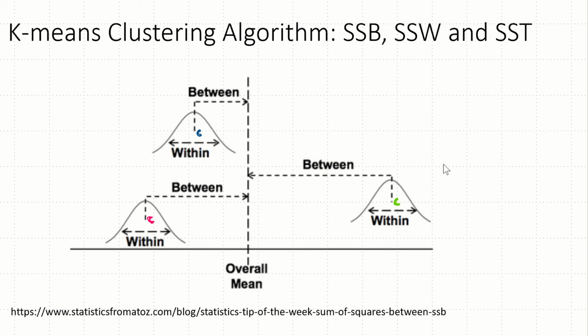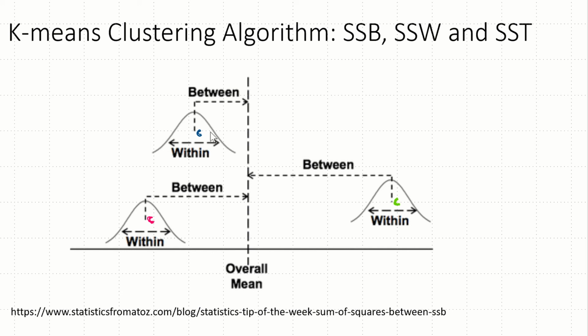This figure illustrates SSW and SSB conceptually. Assume we have three clusters shown by three bell-shaped curves. Each cluster has a center, represented by the letter C in this figure, and the distance from the center to all points in that cluster should be as small as possible.